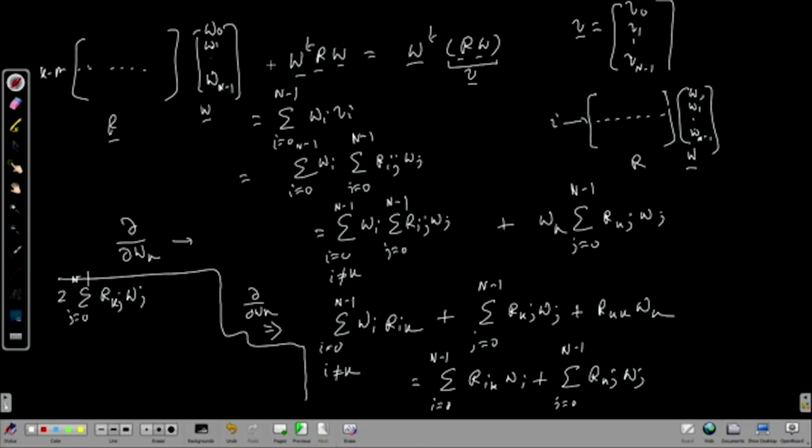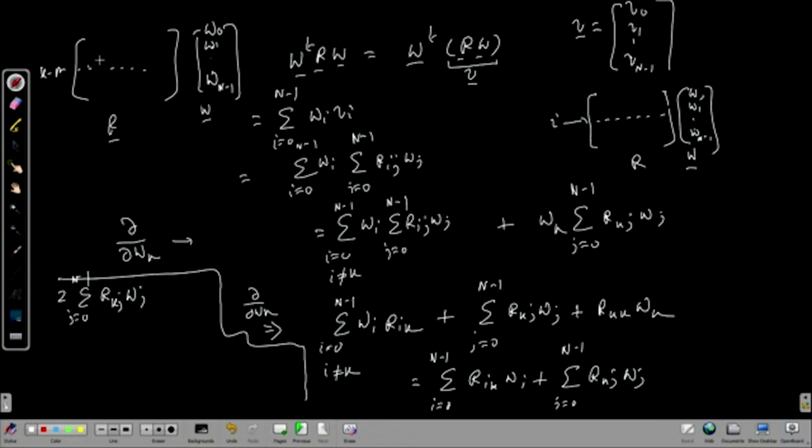So, if I want to put all the derivatives and stack them, it will be just this resulting vector R times W. If you carry out the product R W, this row times this will be the top element. But what is the top element? This times this will be the derivative of W transpose R W with respect to W 0. So, del of this by del W 0 will come in the first entry. The next row times this, from this theory, is the derivative of this with respect to W 1.